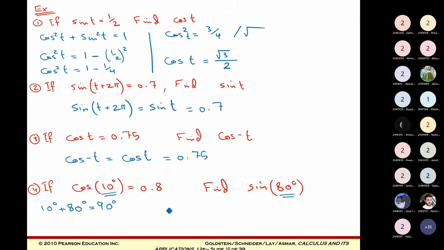So the cosine of 10 equals the sine of 80 degrees. So this equals 0.8. Okay, any question?